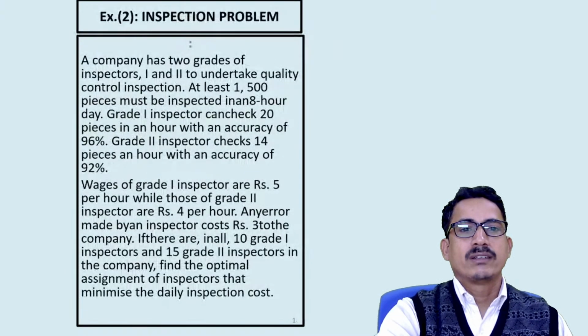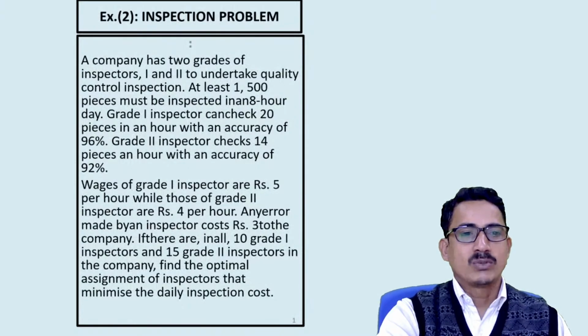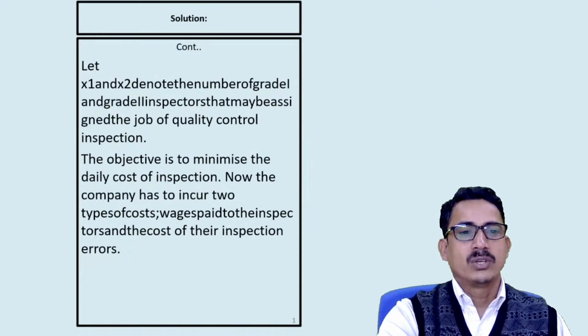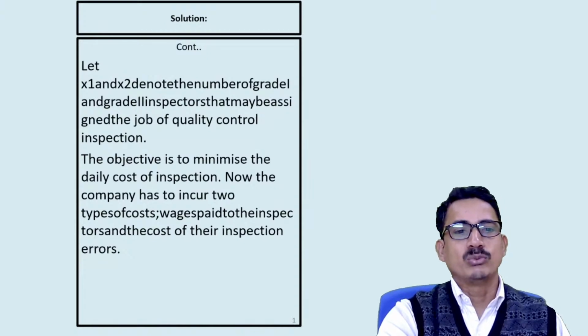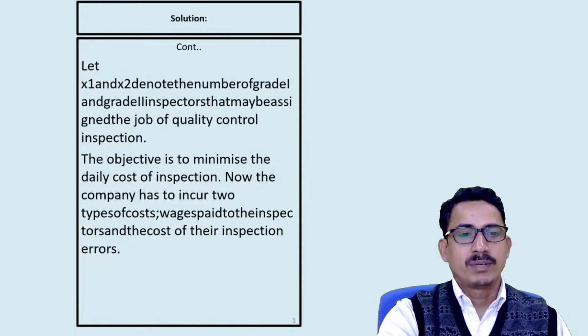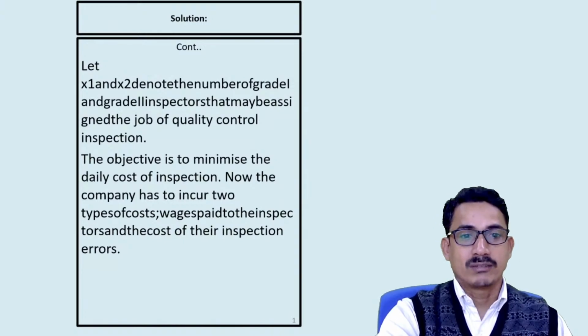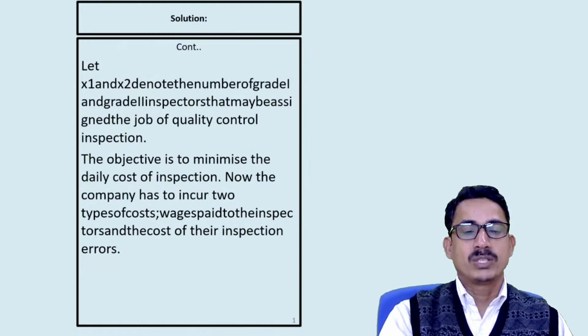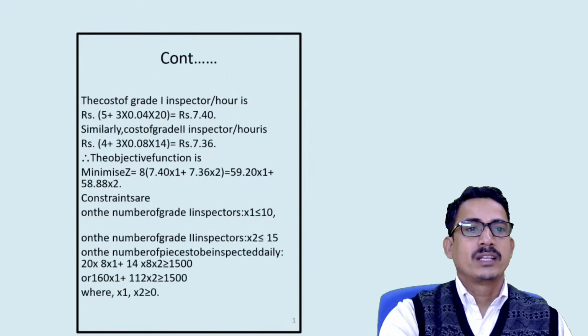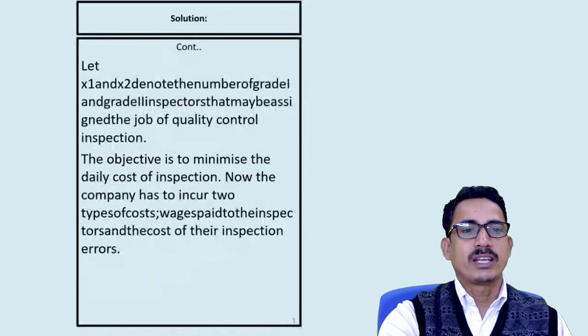For the grade 1 inspector with 96% accuracy, as you have seen in this slide, cost is always calculated using two things: wages paid plus the cost of the inspection error. So both have to be added. That is why the wages we are paying is rupees 5, it is clearly given.